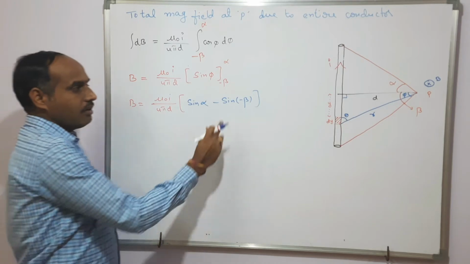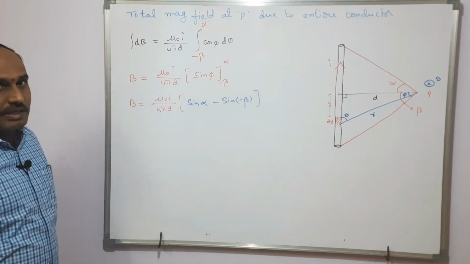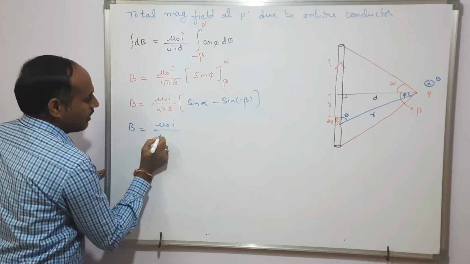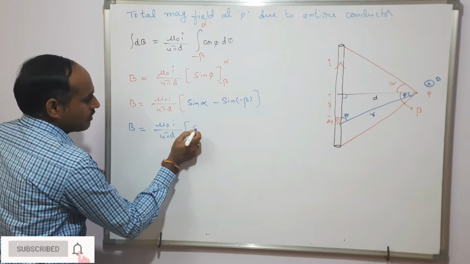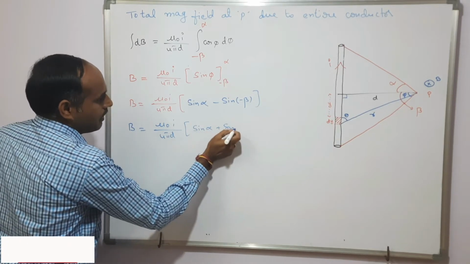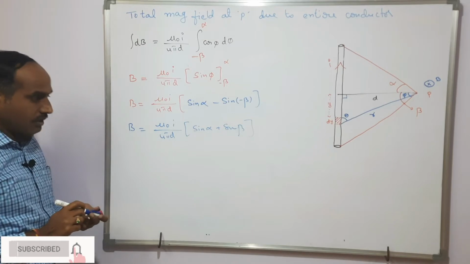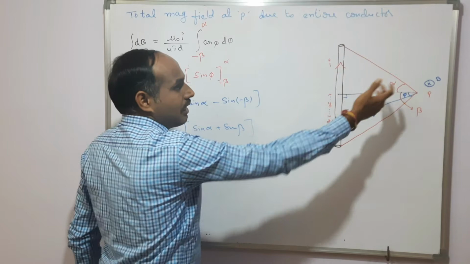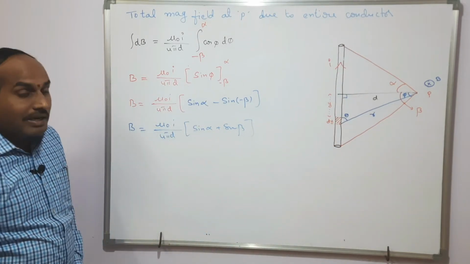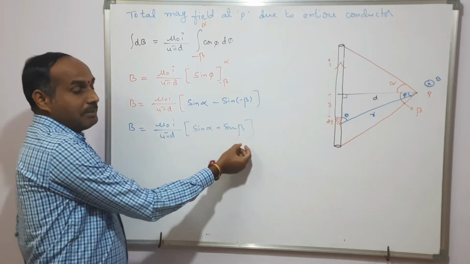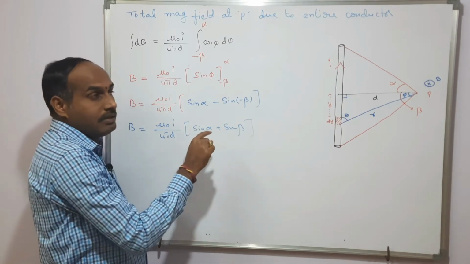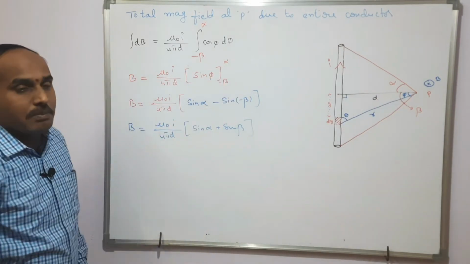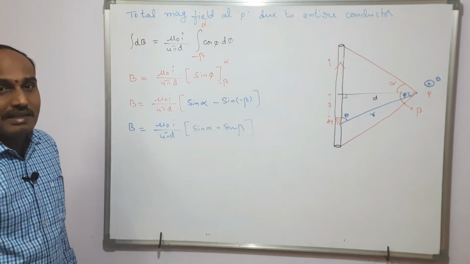From basics of trigonometry we know sine of minus theta is minus sine theta, so this expression becomes B is equal to mu naught I by 4 pi d of sine alpha plus sine beta. This is the expression for the magnetic field induction due to the entire conductor of length L at a perpendicular distance d. So alpha and beta are the angles made by the lines joining the ends to the point, with the normal, that is, with the perpendicular distance of that point from the current carrying conductor.